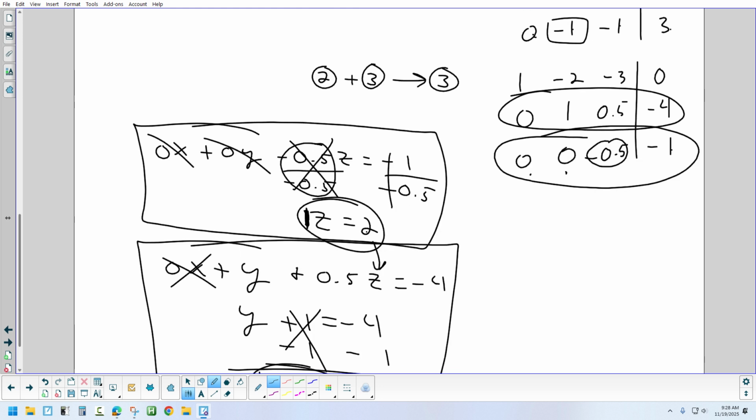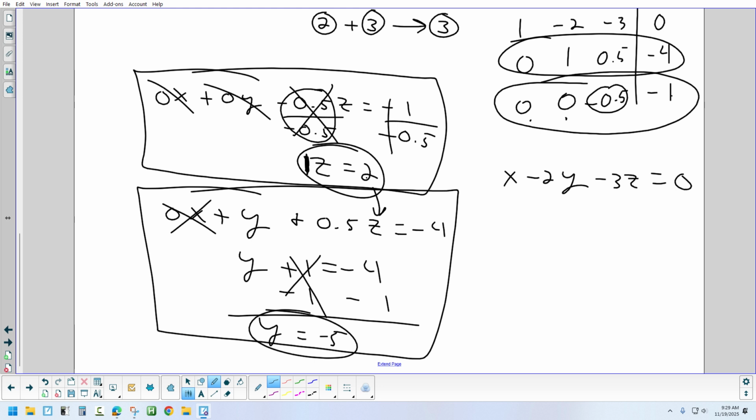X. So for x, we can just go back to the original equation at the top. 1x minus 2y minus 3z equals 0. X, we don't know. Minus, let's put in 2 times y. Y is -5. What's -2 times -5? Yes, that's a +10. Z is 2.